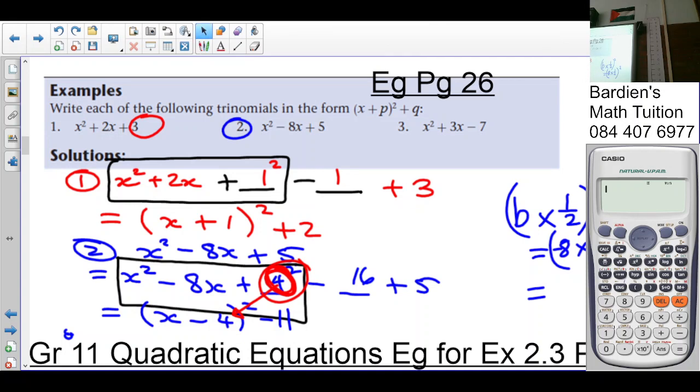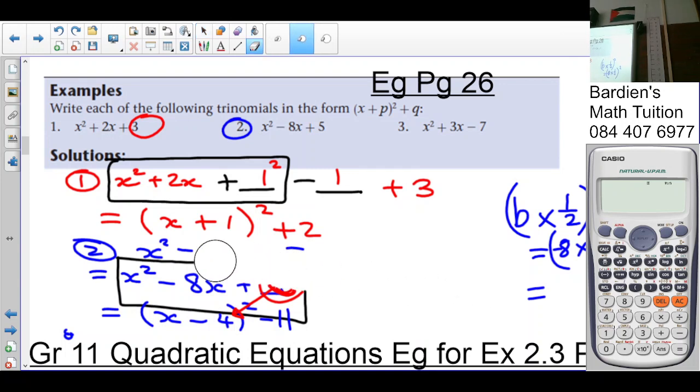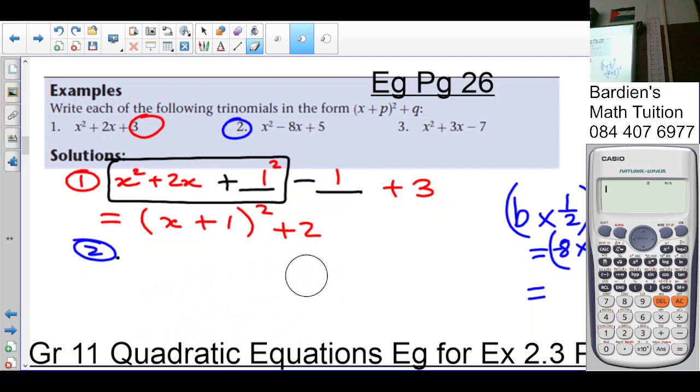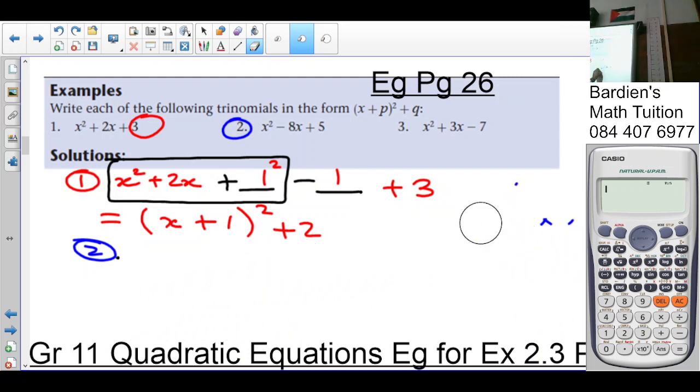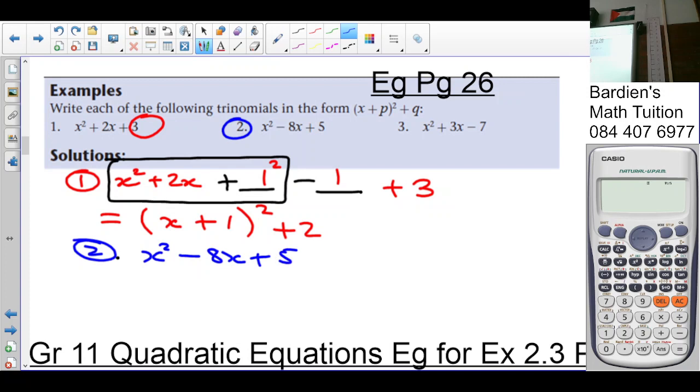Okay. So do it again. Yes. Let's try it again. See, some of you are still confused. So it's going to be x squared minus 8x plus 5.